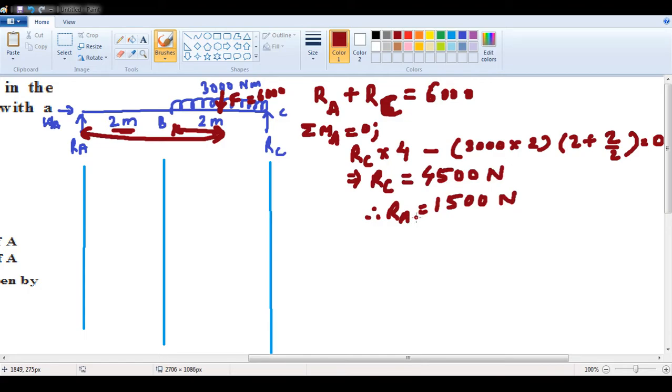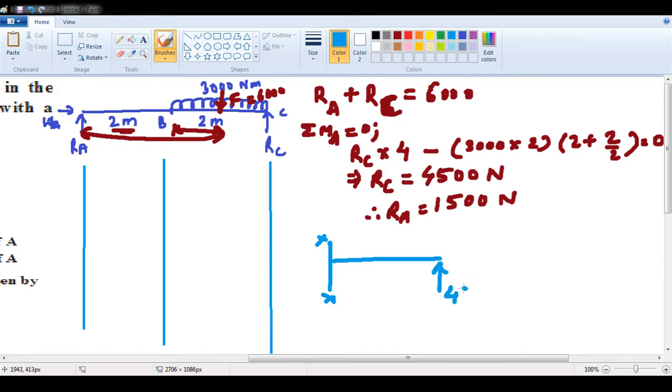Now to understand this, we'll go by our own method. For finding the maximum bending moment, I'll take a section XX at a distance of x from the extreme end, RC. This is the extreme end, this is RC.